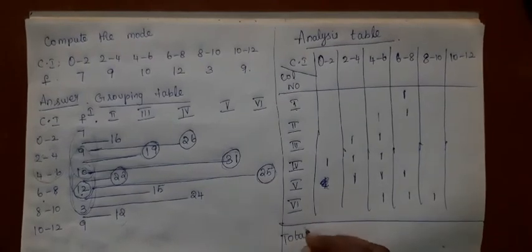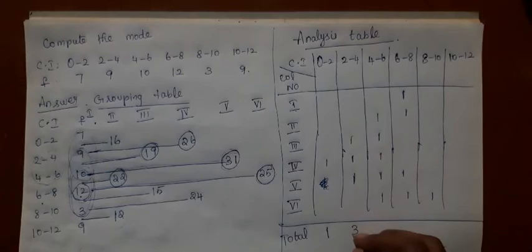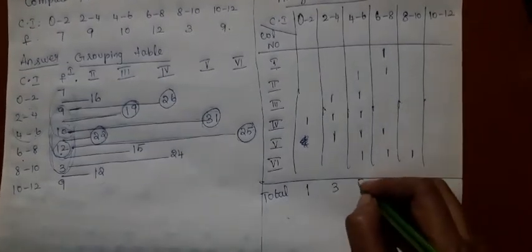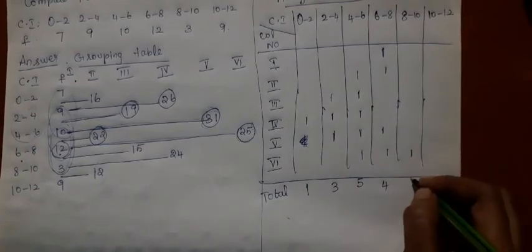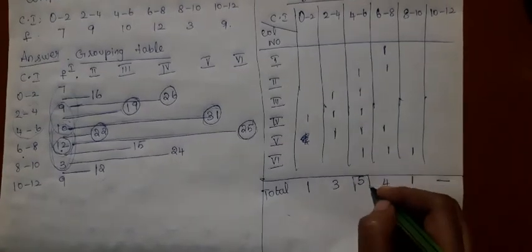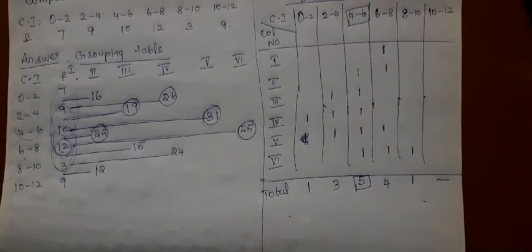Now calculate the total. 1 tally mark in this class, 3 tally marks against this class, 5 tally marks against this class, 4 tally marks, 1 tally mark and nothing. So the maximum value is 5, which is the modal class 4 to 6, right?